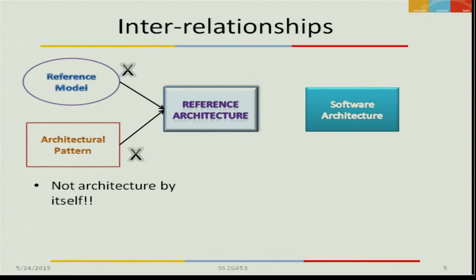Now, if some of you are familiar with Java development and the J2EE platform, it actually gives a reference architecture of a typical J2EE application. So that reference application and its architecture is basically the reference architecture.